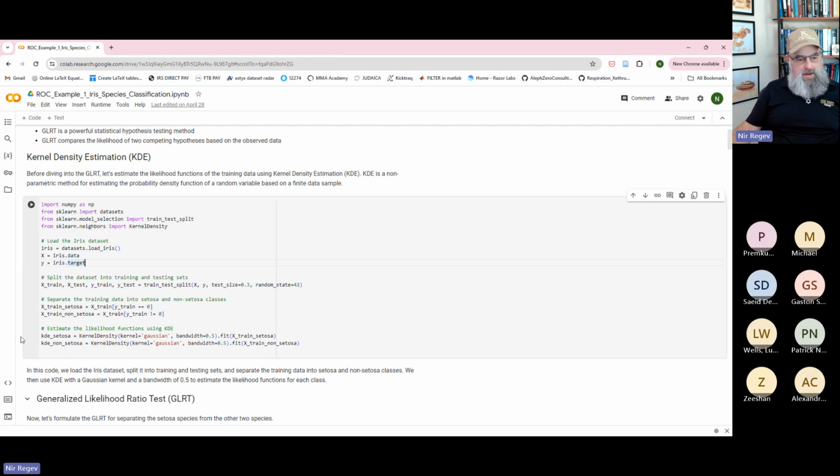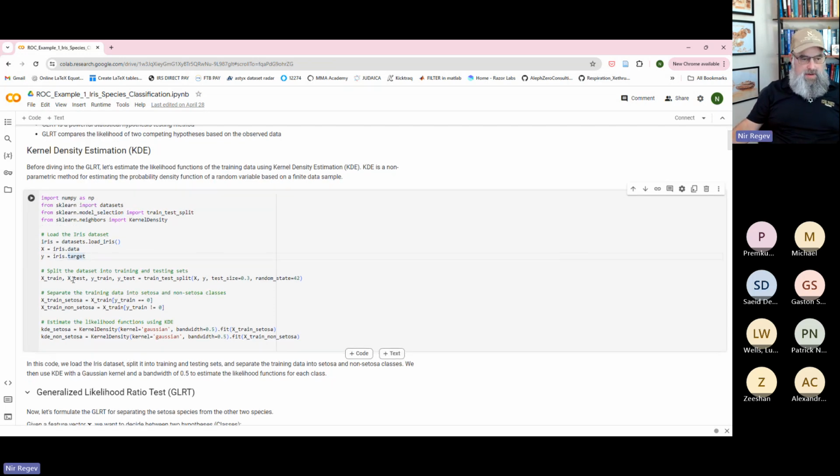Then we take the training data set and estimate the kernel density using the Gaussian kernel. Specifically, we're going to estimate the shape of the probability density function, or the density distribution function, of the data for both classes. Okay, and let's run this.